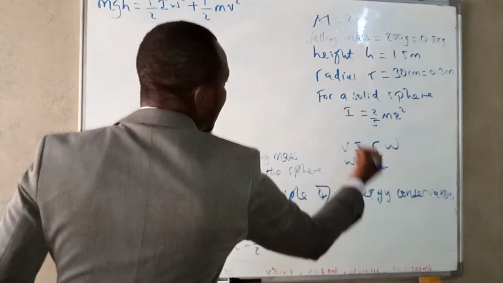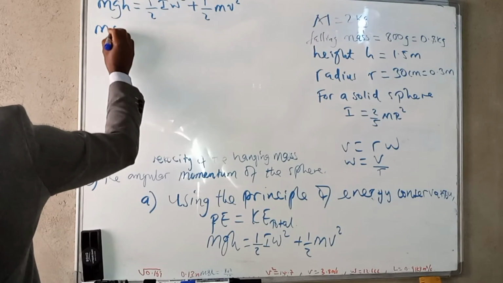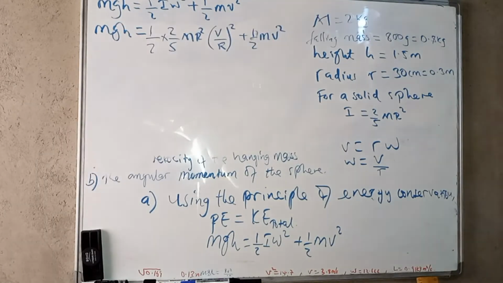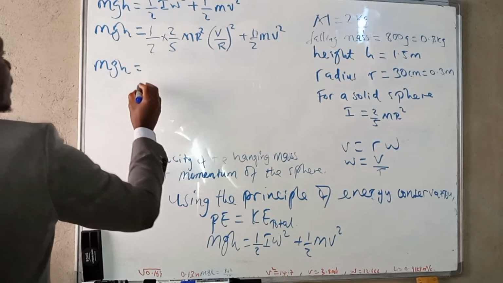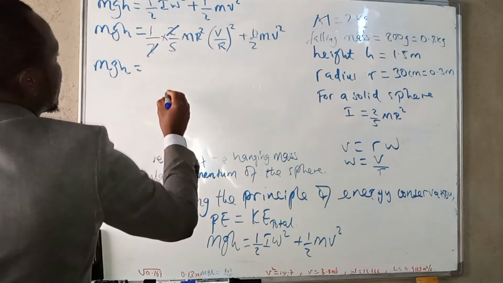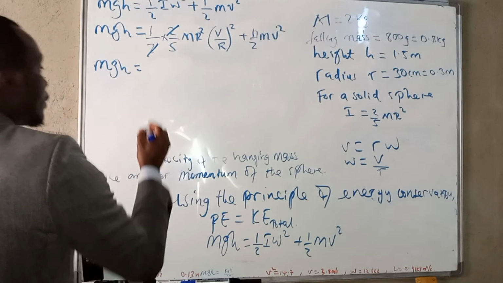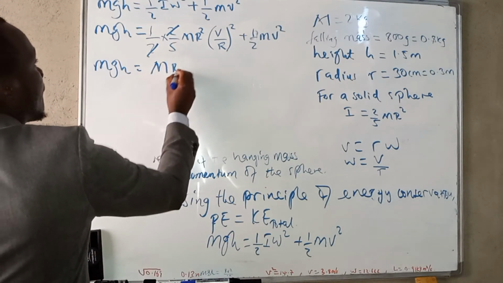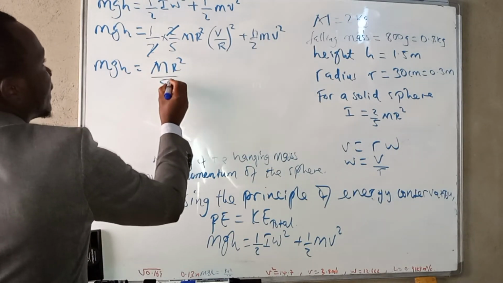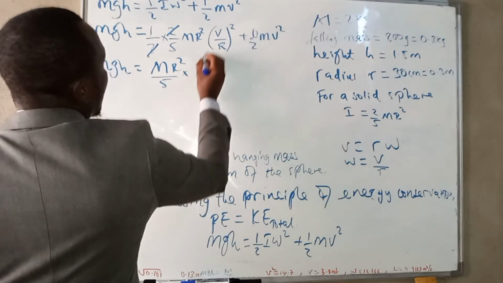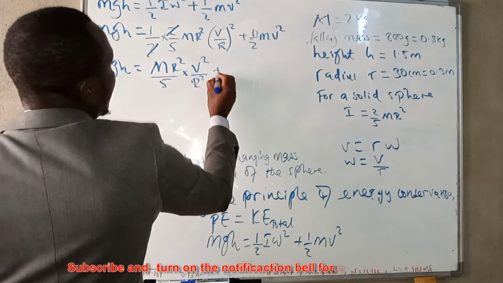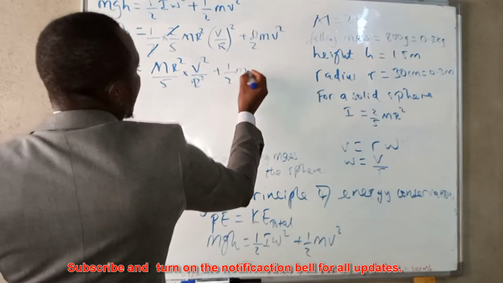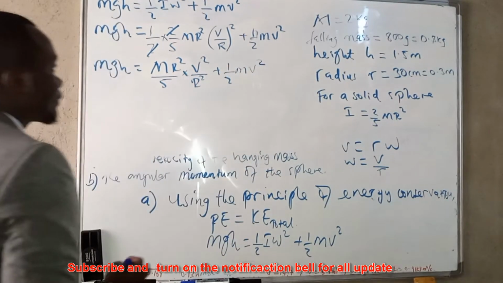Putting these into the equation, mgh is equal to, with the halves canceling, mr squared over 5 times v squared over r squared, plus half mv squared.